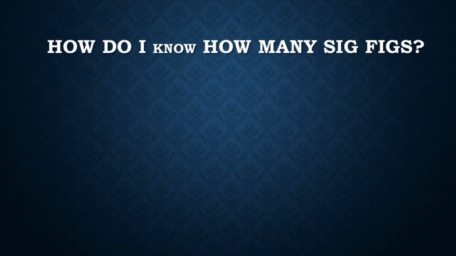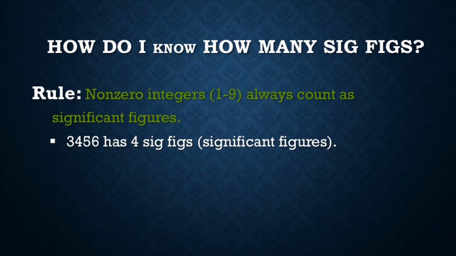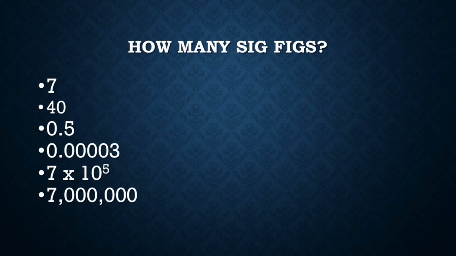How do I know how many significant figures? Rule: non-zero integers from 1 to 9 always count as significant figures. For example, 3,456 has 4 significant figures.